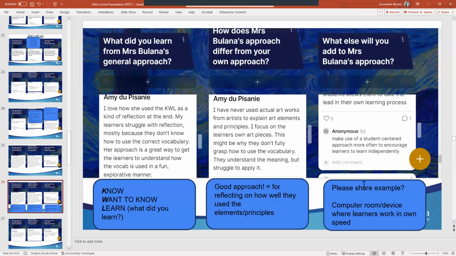The one I've got here is: make use of a student-centered approach more often to encourage learners to learn independently. Yes. I know it's anonymous now, so that person cannot share an example, which would have been great to know, but I mentioned it briefly last week. Sometimes when the computer room is available, or they've got tablets, it's very nice for learners to go in, because there are activities they can work on in their own time.